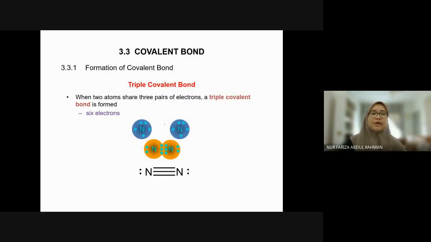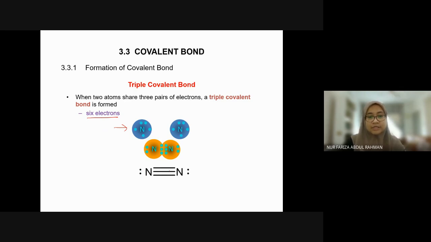Triple, okay, so we have triple covalent bond. So triple means they share 6 electrons there. For example, we have nitrogen there. Each nitrogen requires 3 more electrons in order to achieve octet configuration. So they need to share 6 electrons in order to achieve the octet configuration.